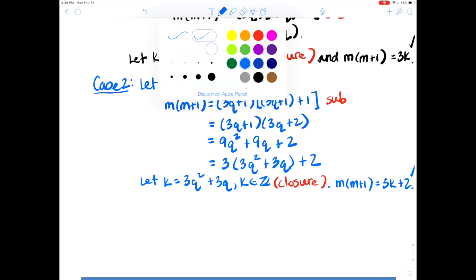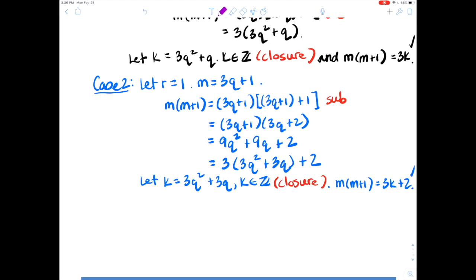All right, so the last case that we need to go through is when what? Let r equal to 3. So r has to equal 2, my bad. So m will be equal to 3q plus 2.